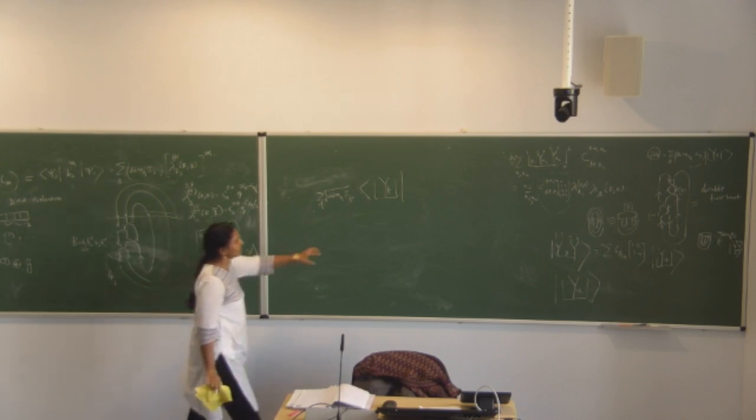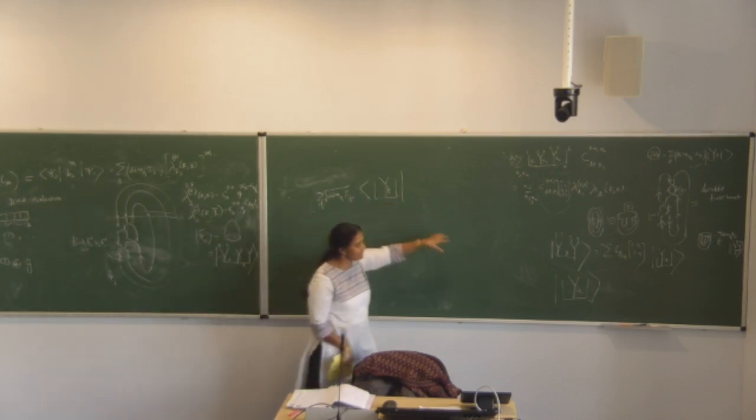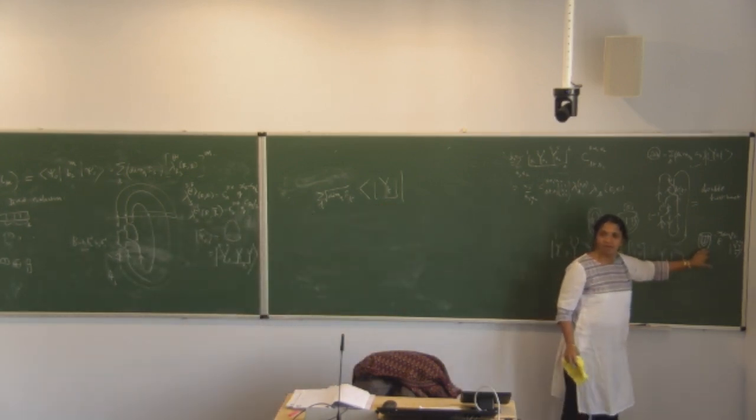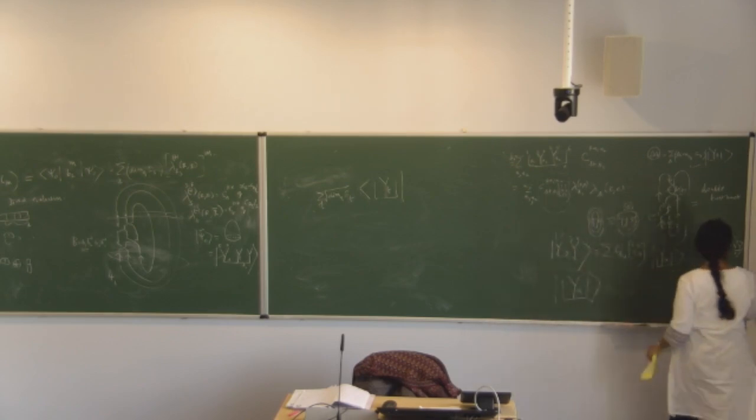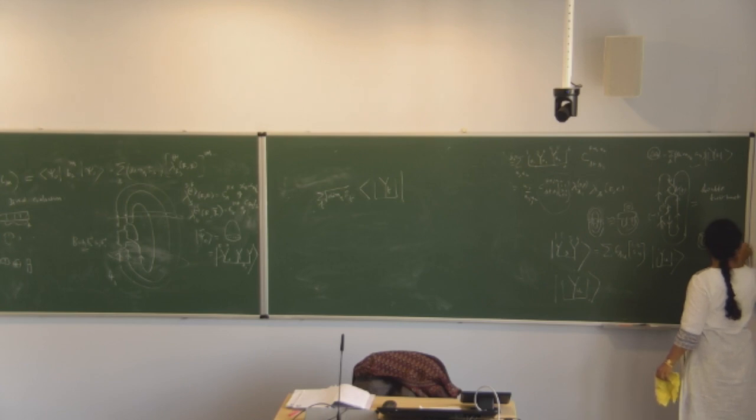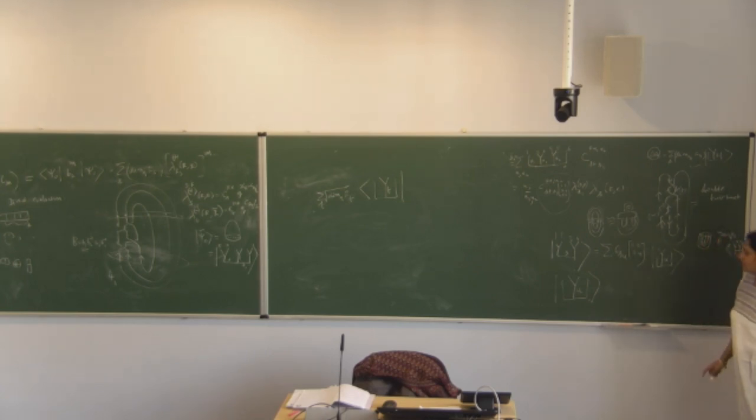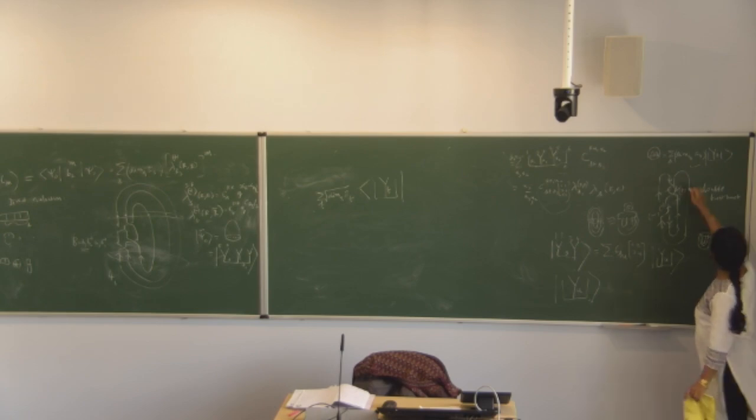On this basis, I've just written the state. Technically, I should have written this as a dual state. That's all I need. These are all square roots of dimensions.